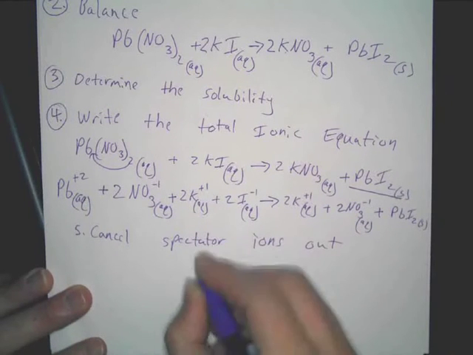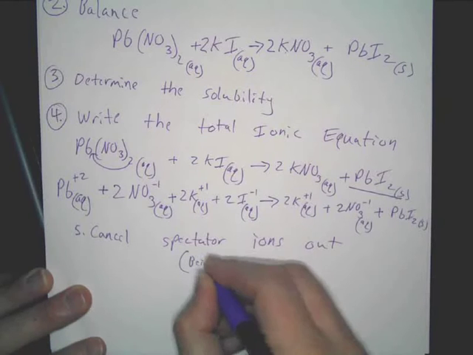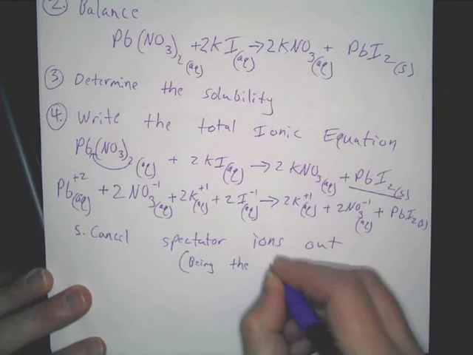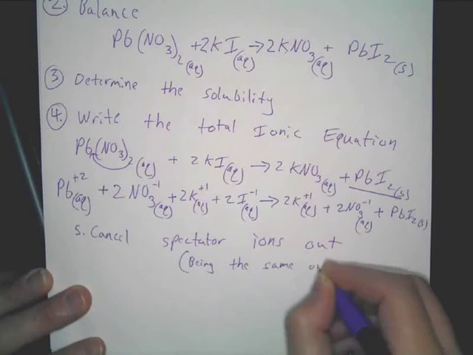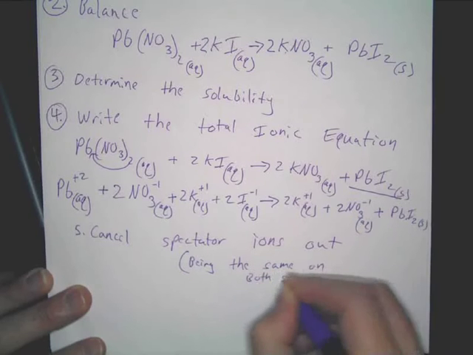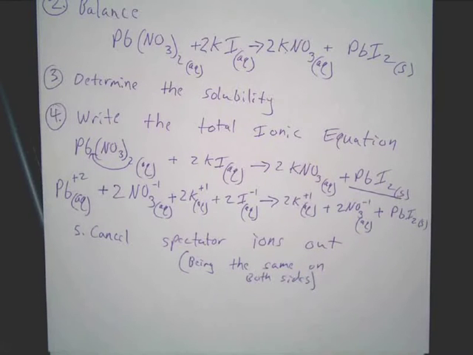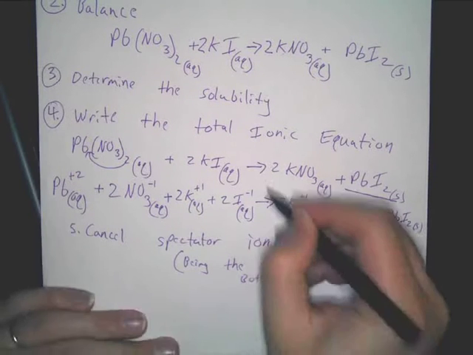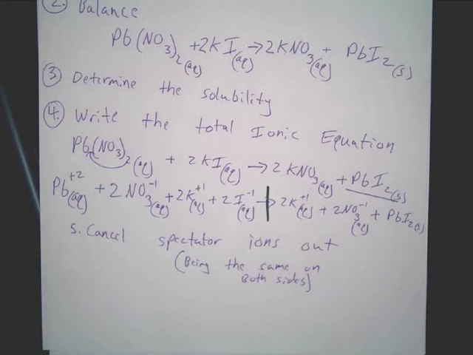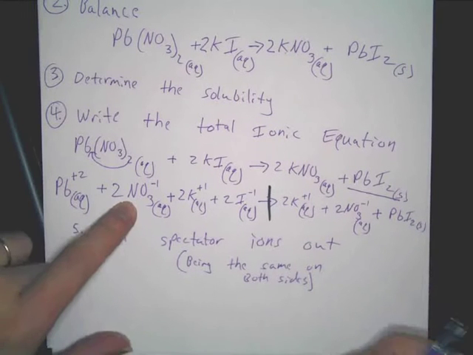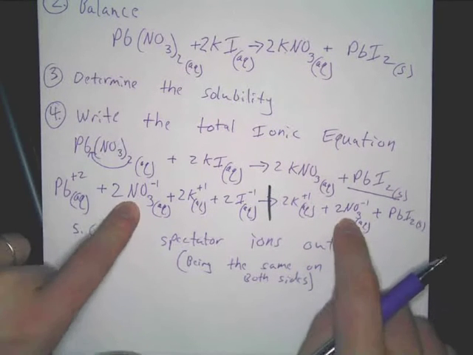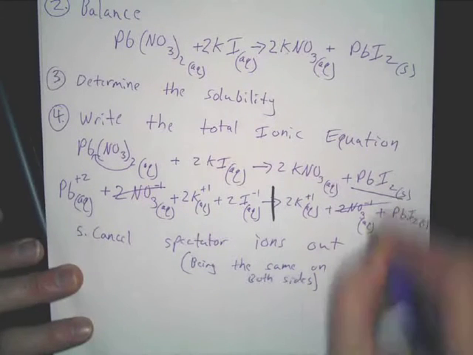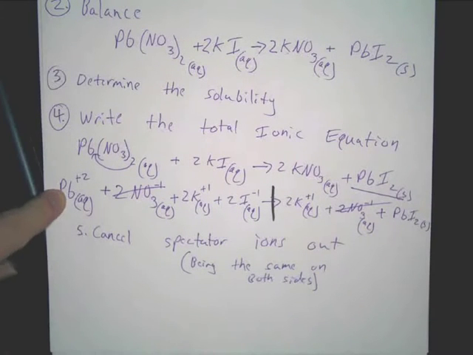Spectator ions being the same on both sides. So, what do we have that is exactly the same on both sides of the arrow? You got 2NO3, you got 2NO3. Exactly the same. Cross it out. You have Pb.